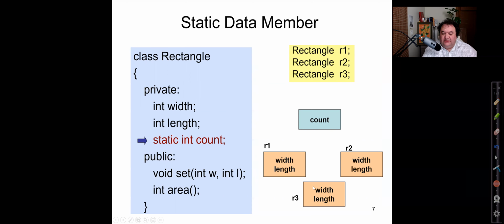All those instances will share the same variable count. If any of those modifies count, all the others will see the same modified value. So, for example, every time you do a set, you might increase the count, and then you will know in general how many times the shape of rectangles has been changed.